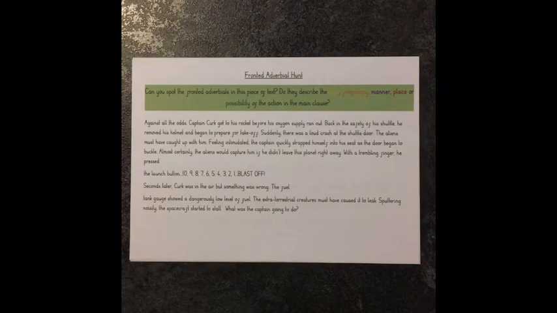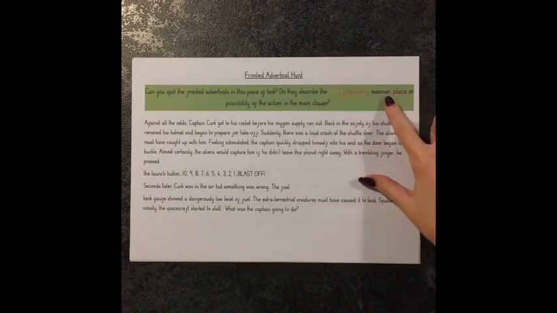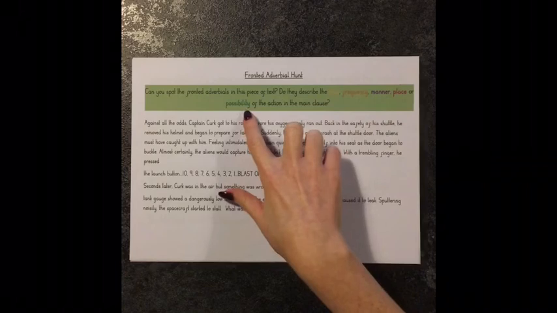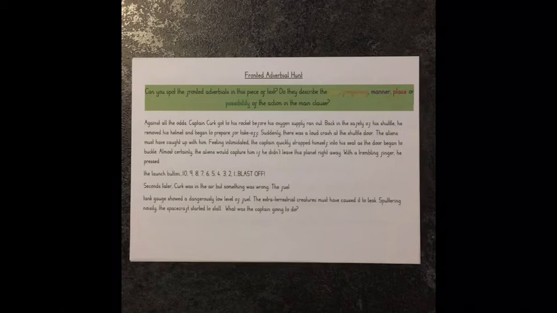Not only have you got to spot the fronted adverbials, you have got to decide whether they describe the time, the frequency, the manner, the place, or the possibility. So have a read of this passage and then see if you can spot the fronted adverbials. So pause the video now. When you've finished, maybe making a list of them, unpause and we'll see if you've found them all.